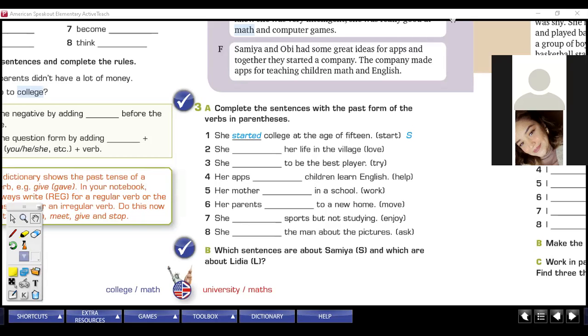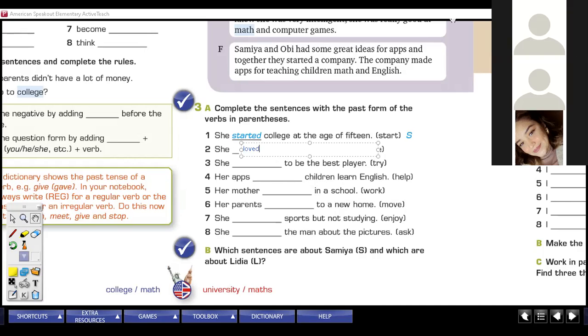So number one is already answered and it says she started college at the age of 15. So this sentence is about Samia, right? Number two, the verb is love and the answer is she what? Read it complete, please, Anaí Santa Cruz. She loved her life in the village.